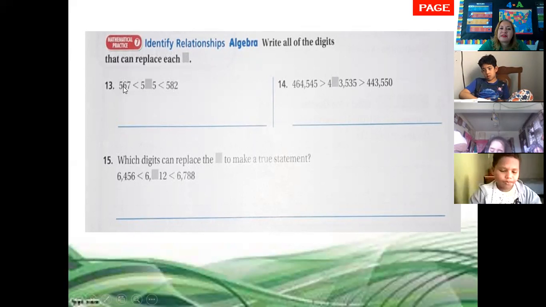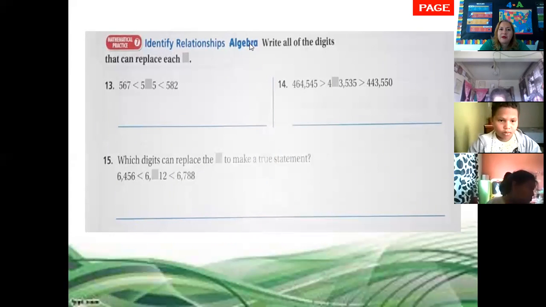We have 567 and 582. We need a number here in the middle to make the relationship true. What happens if we write 0 here? So we have 505.